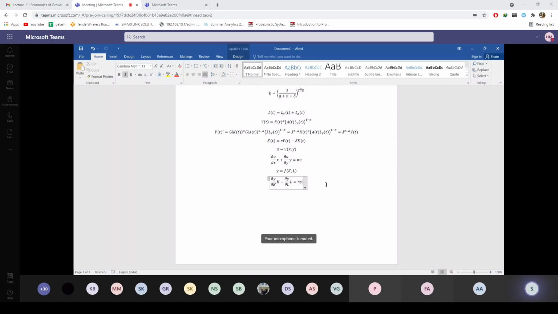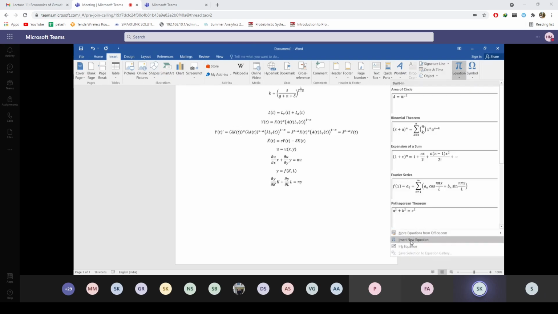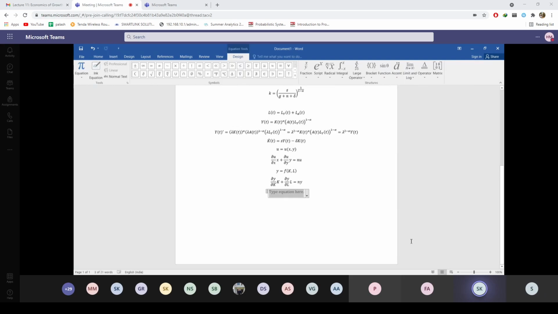Can I maintain zero profit? No, sir. Why? If we write the profit equation, profit is Y minus MPL into L minus MPK into K, and MPL into L plus MPK into K is nY, and n is greater than 1.